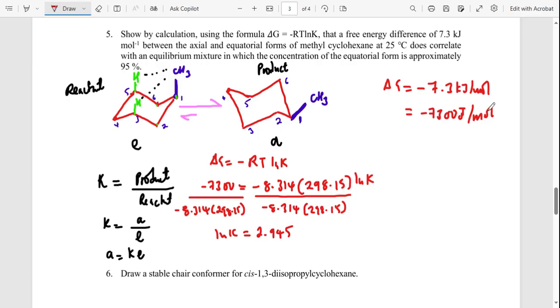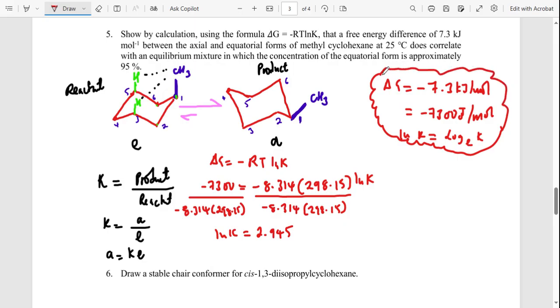Now natural log, this is mathematics. Natural log of K just means that you have got a log in base E of K. This is the mathematics which you did in first year. For you to convert from a logarithm to an exponential function, the K here is going to be the number, E is the base, and the answer here, which is 2.945, is going to be the power.